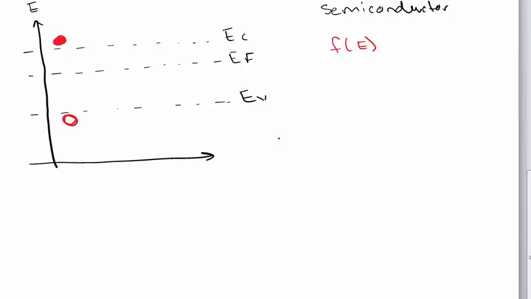So when an electron jumps, it leaves a hole, and this electron and hole pair are sort of held together by Coulomb force. And this thing is called an exciton. So this electron hole pair is called an exciton, and it is held together by Coulomb force.